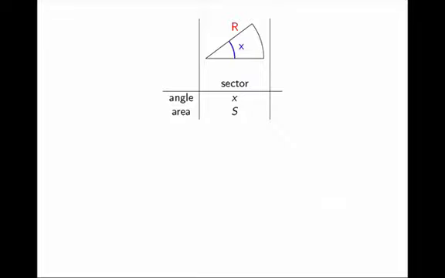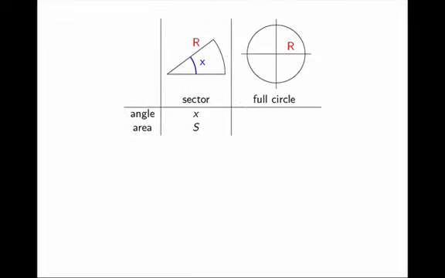If I multiply the angle by a factor, I will multiply the area by the same factor. So I'm going to compare this sector with one whose area I know, specifically the full circle. For the full circle, the angle is 2 pi, and the area is pi r squared. And now I can simply use proportionality to obtain an equation from which I can calculate S. I can say that x divided by 2 pi must be the surface S divided by pi r squared.